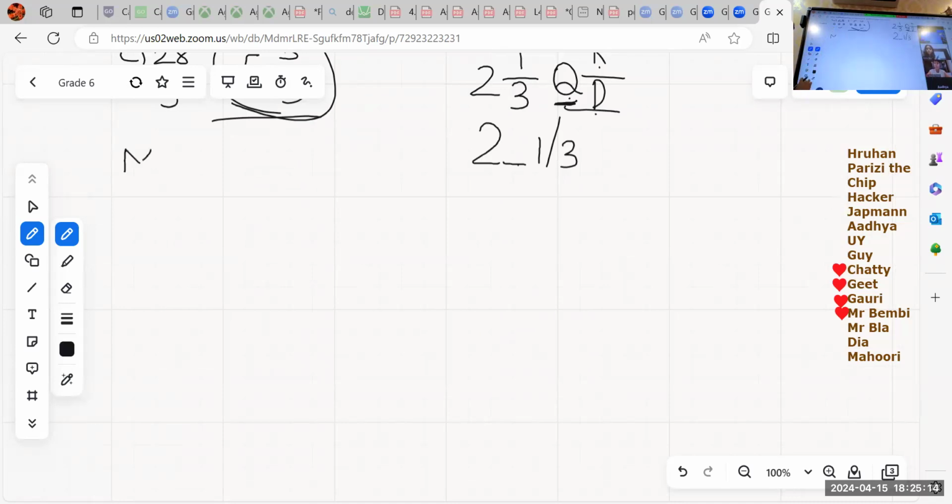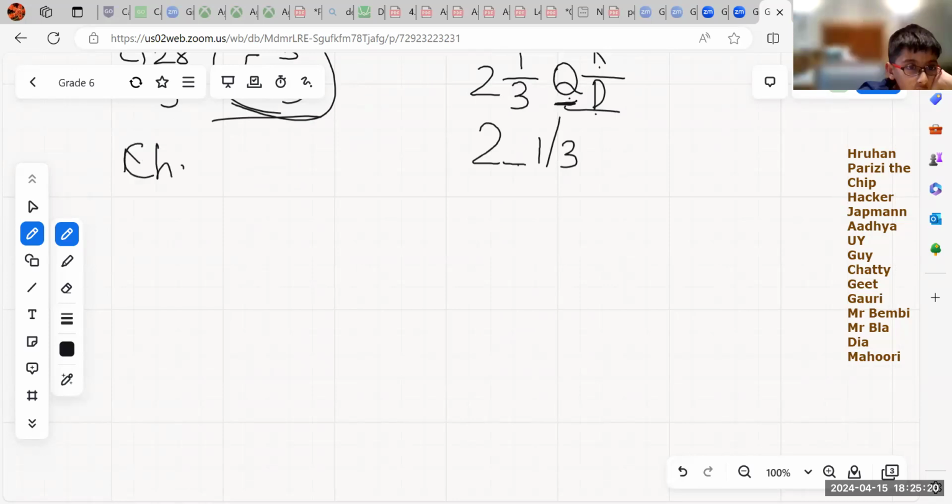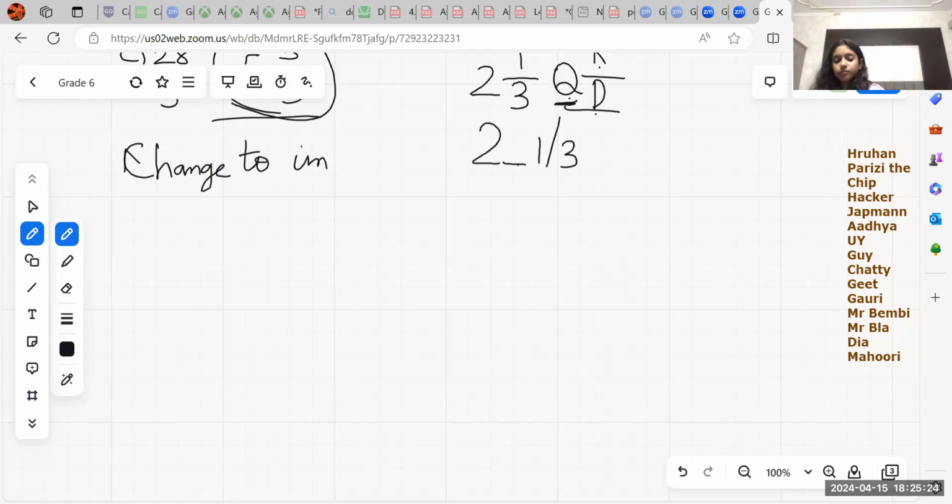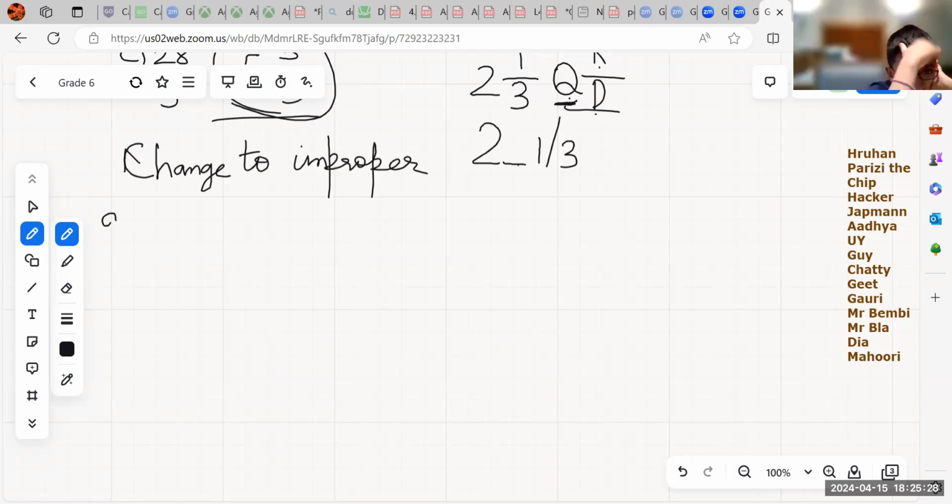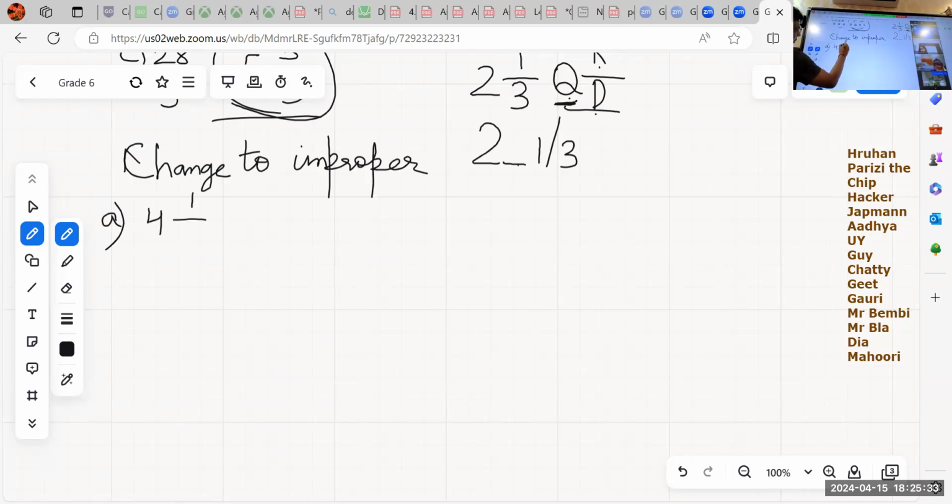All right, I can just write change to improper. Correct? So I don't need to write anything else, because we know what to do. You know, beta, I just have to give one or two questions for revision. Do it, kids.